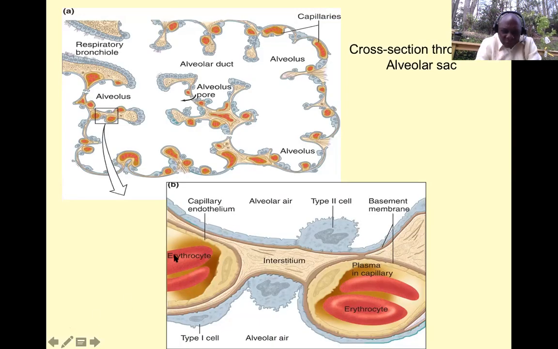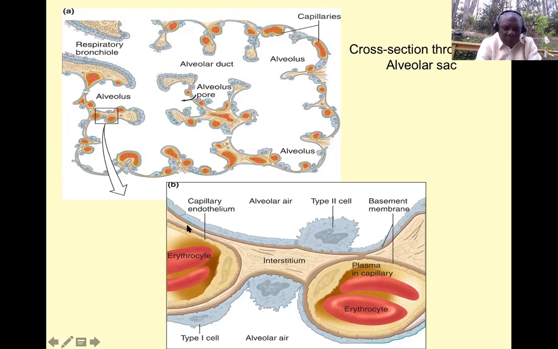So you can see this is the capillary. You can see the red blood cells there, and you can see the endothelium. We've talked about this, the one-cell-thick inner lining of every vessel, including the capillary.